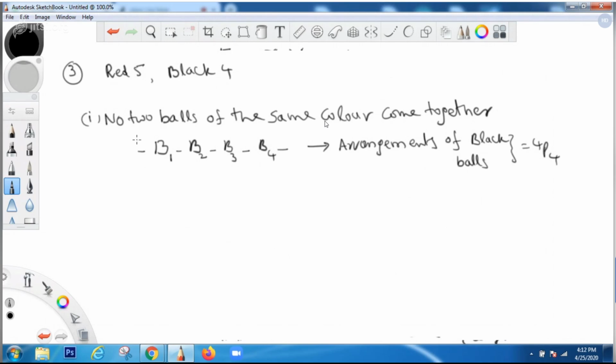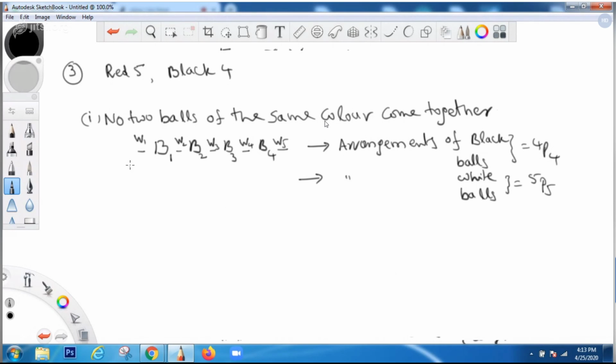In between places, I will take white balls W1, W2, W3, W4, W5. Arrangement of white balls is equal to 5P5. There are 5 places and 5 white balls, hence the number of arrangements is 5P5.